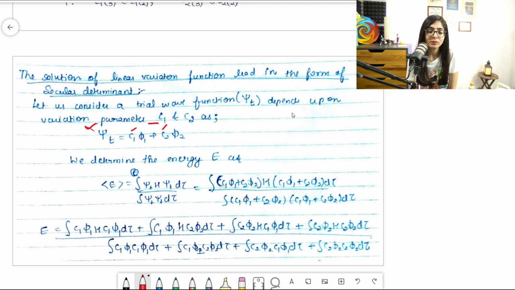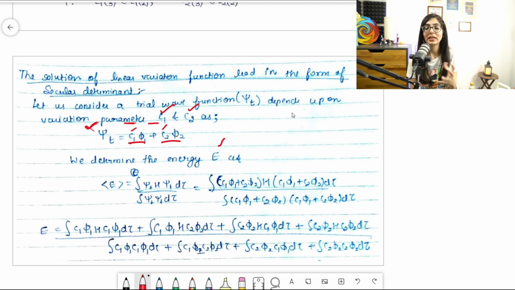So let's start. This is a trial wave function, and it depends on two variational parameters, that is C1 and C2. So I have taken a linear combination, C1 psi1 plus C2 psi2. Clear? So how will I determine energy?